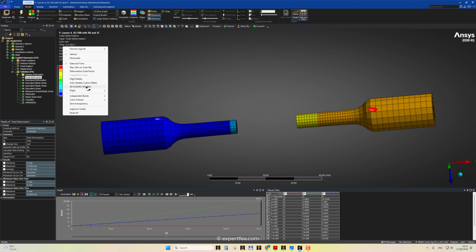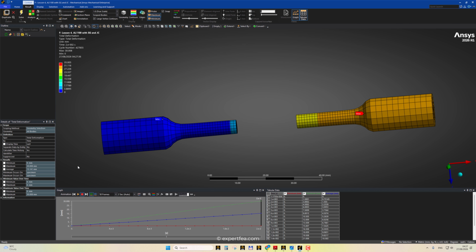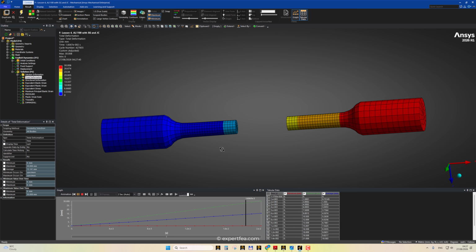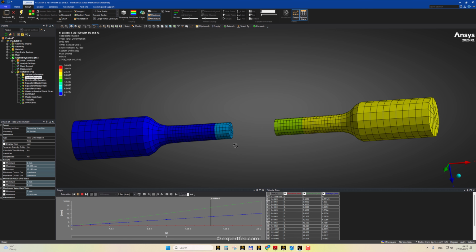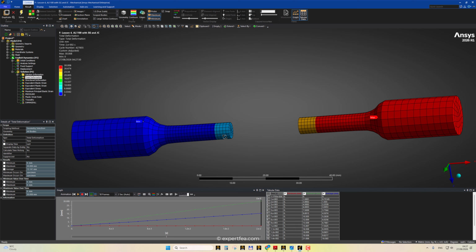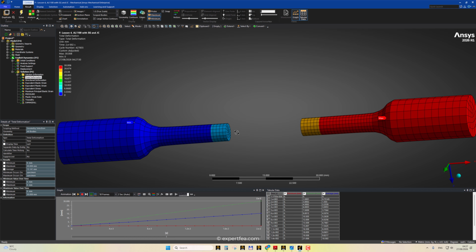We should have maximum 30 here. Adjust to visible. All right. The first thing that you see, and let me tell you, it's not so important: we don't see some necking here because the part is perfectly symmetrical without any notch. In reality, we should create some notch or something.